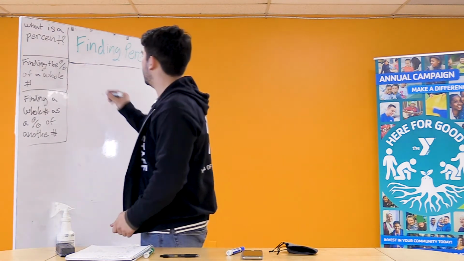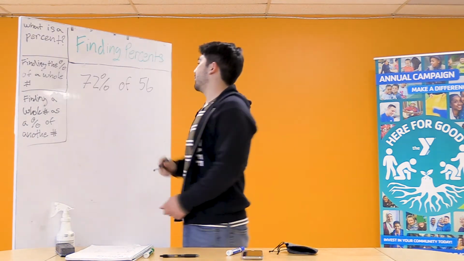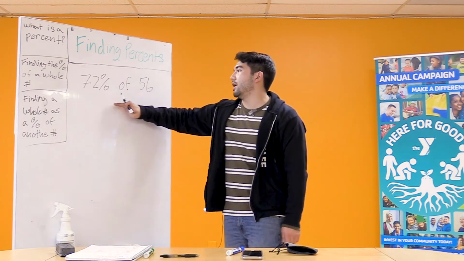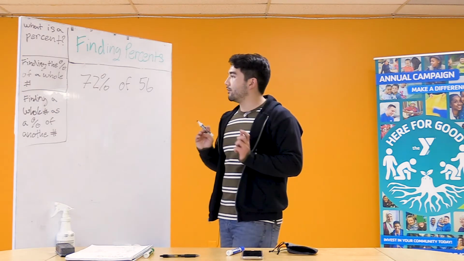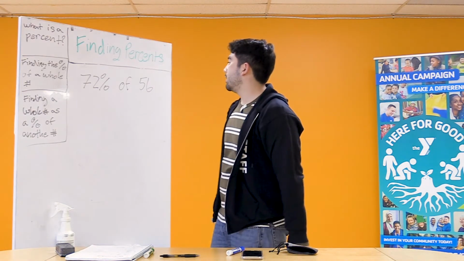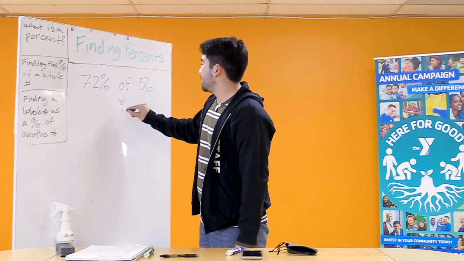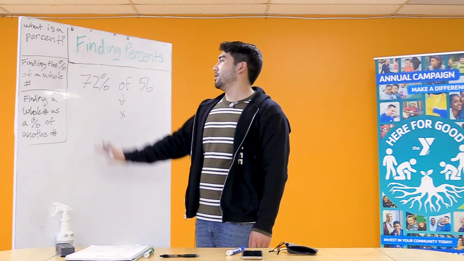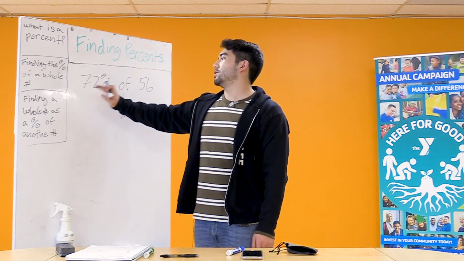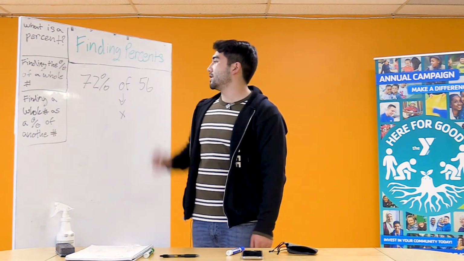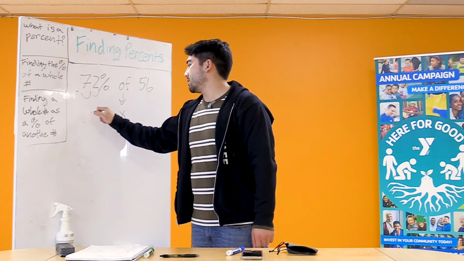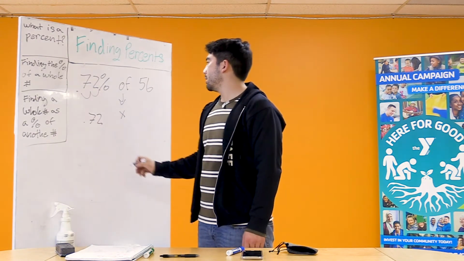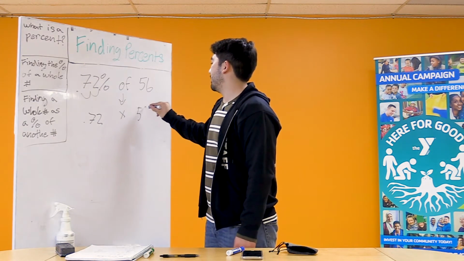So let me put that on the board. Perfect. So 72% of 56. We cannot solve a problem in the format it is in, so let's change it. We know that of means to multiply. We know to turn our percent into a decimal, we need to move the decimal place up 2. So it's 0.72, and the 56 can stay the same.